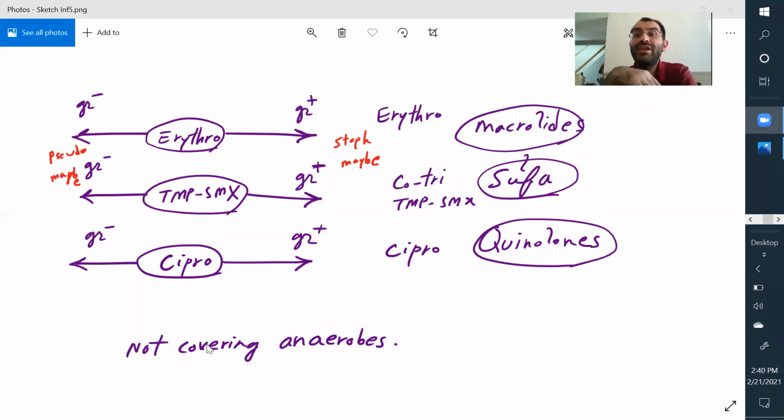But Cipro's weak point is pneumococcus, Streptococcus pneumoniae. What is the most common cause of CAP? Pneumococcus. So Cipro is not killing pneumococcus. So we never use Cipro for pneumonia.